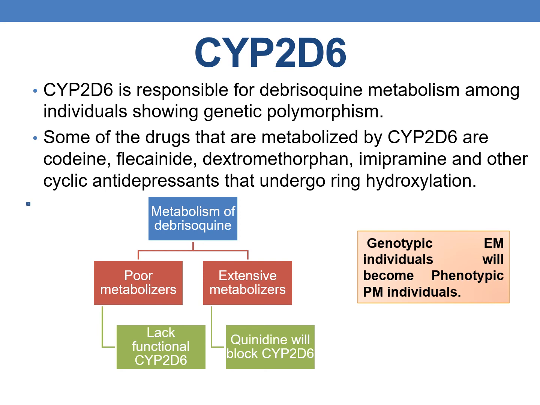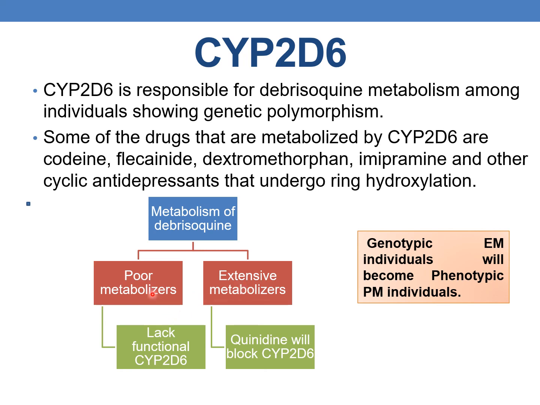As we have discussed earlier, debrisoquine, which is an antihypertensive drug, is used as a marker for determining the activity of CYP2D6. Based upon the metabolism of debrisoquine, a population of subjects is categorized as poor metabolizers and extensive metabolizers.